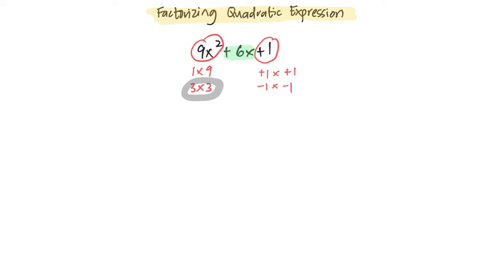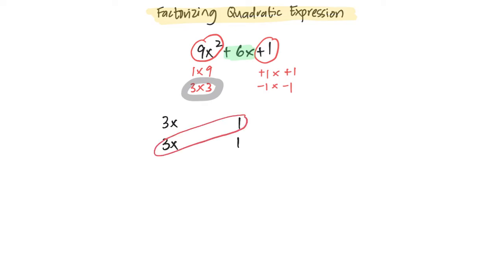Let's start. 3x multiplied by 3x, we make 9x squared. And on the other side, 1 comes from 1 and 1. We're not sure if it's positive or negative, but we see the aim is 6x, so obviously that's positive. We multiply like this.